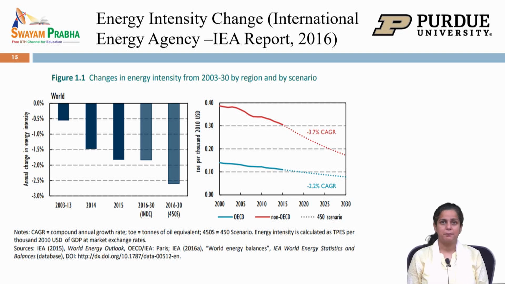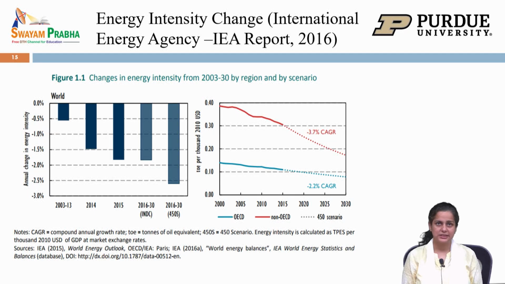Here is an example of that. These charts show the energy intensity change from the International Energy Agency, or IEA, report. In figure 1.1, the blue bars show the annual change in energy intensity for the world. From 2016 to 2030, it is expected that we will reduce by 2.5%.